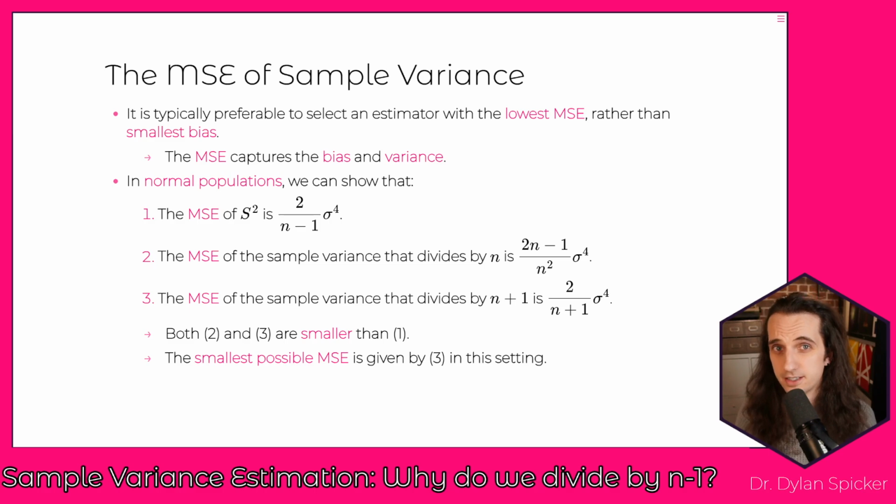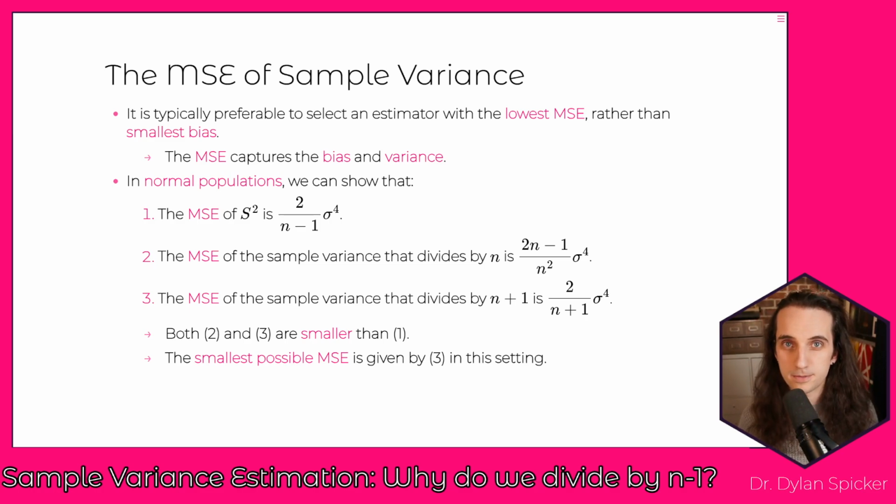Now, I'll add the caveat that this is only for normal populations. If we don't have normally distributed variables, then you're going to have to look for other justifications here. But the point that I'm making is that dividing by n plus 1 actually gives you a better estimator in a case that we oftentimes care about, rather than dividing by n minus 1.